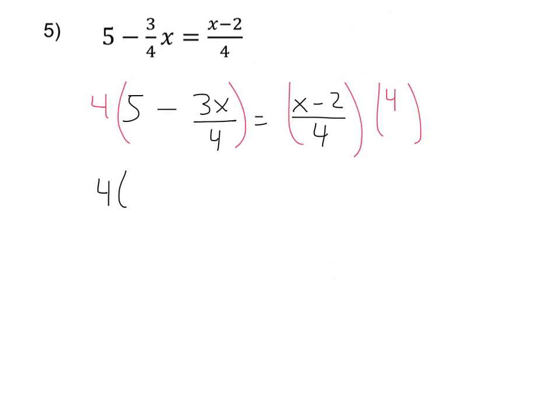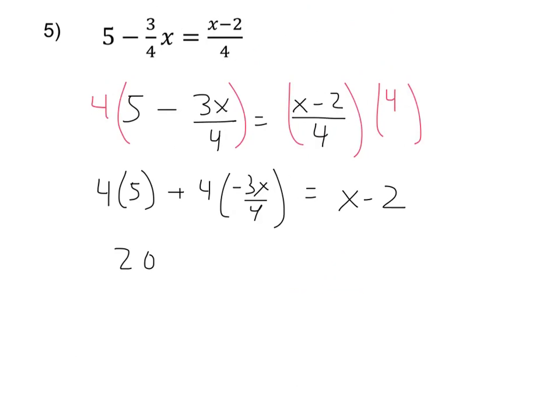This would be 4 times 5 plus 4 times negative 3x over 4. On this side, we can simplify because 4 divided by 4 is 1, so we get x minus 2. On the left, this will be 20, and 4 divided by 4 again is 1, so we end up with minus 3x equals x minus 2.